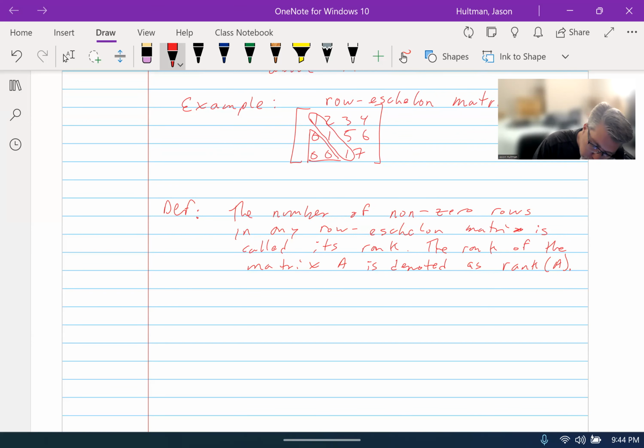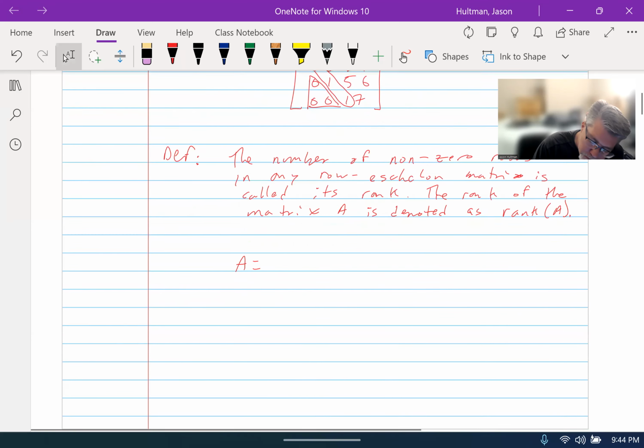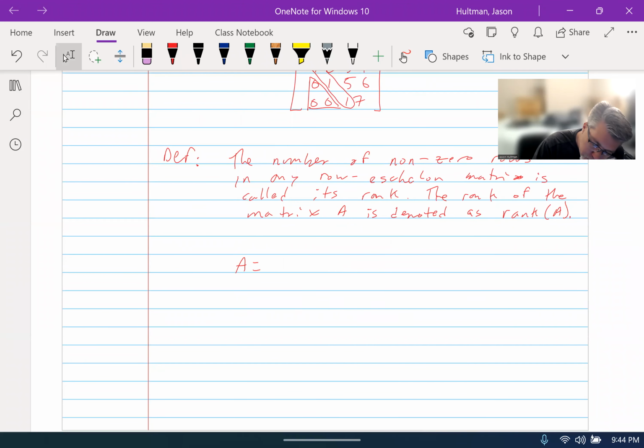Cool. So let's look at an example of rank. A is equal to 1, -1, 2, 3, 0, 1, -1, -3, 0, 0, 0, 0. So how many non-zero rows do I have?